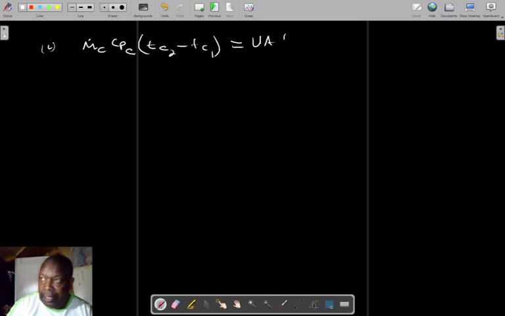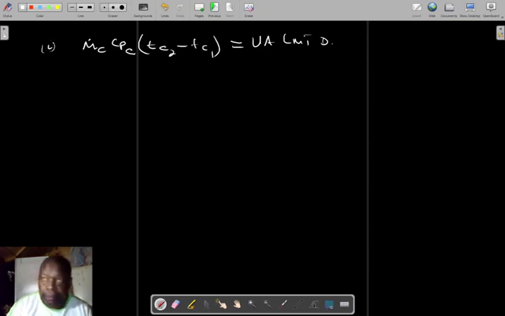So with those two LMTDs, let us have now a look at the first case when the flow is counterflow. So this is equal to UA LMTD.